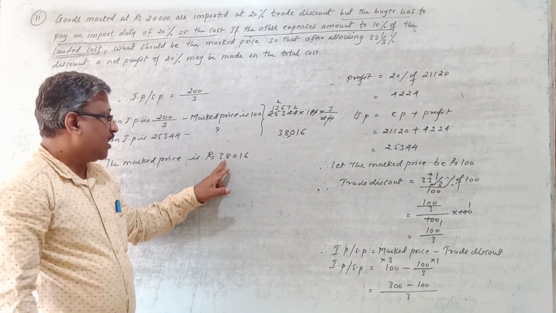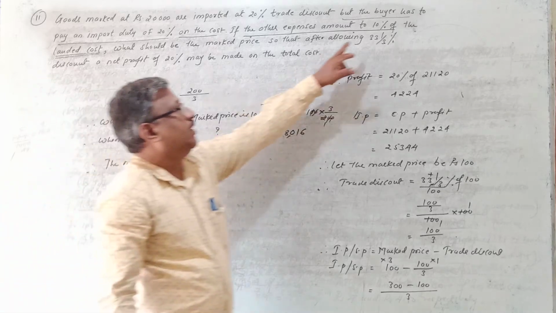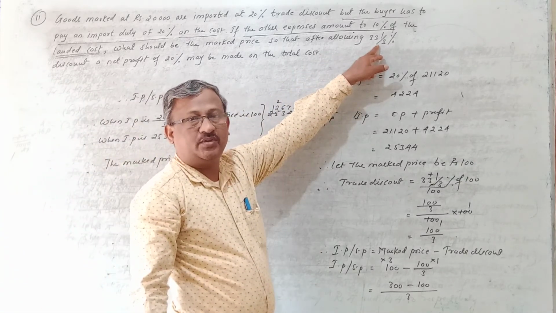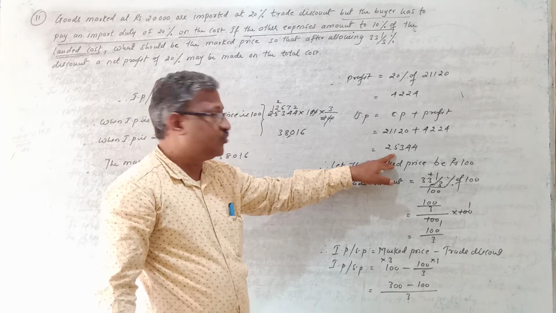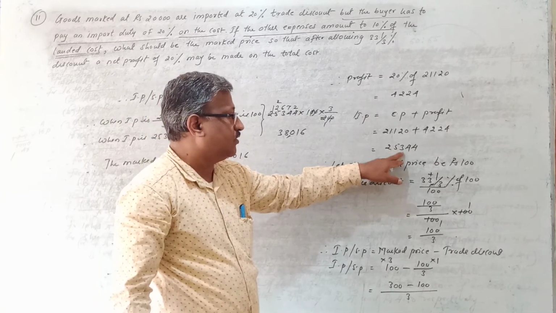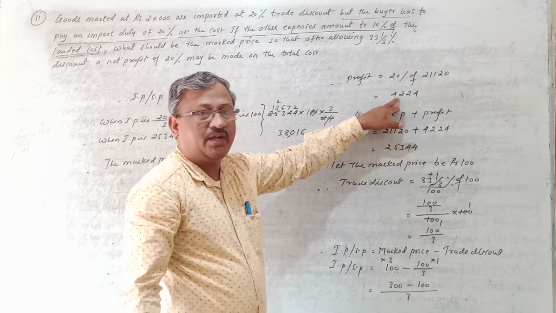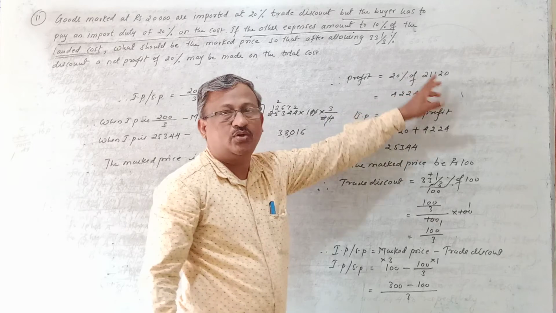If he marks his goods at 38,016 rupees, and on this he allows 33 and 1/3% discount, your invoice price or selling price comes to 25,344. And if he sold his goods for 25,344 rupees, he gained 4,224 rupees, which is 20% of the total cost.